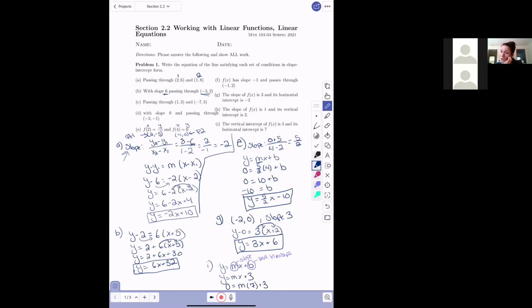And we could go ahead and solve for m. When you do this, you get -3 equals 7m. m equals -3 divided by 7. So then plug that into our equation. So we have y equals -3/7 x plus 3 as your final answer.